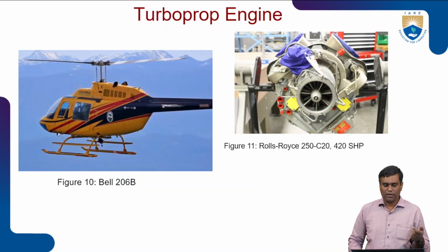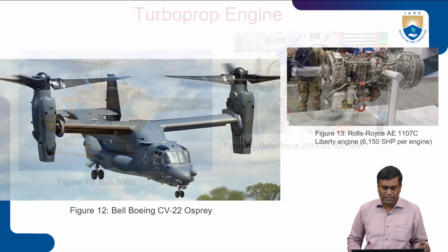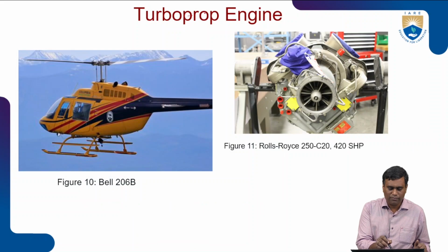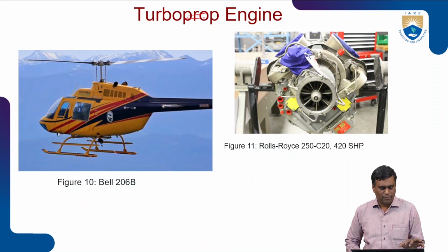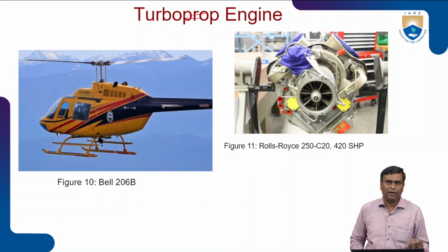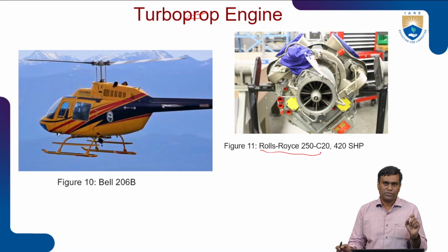Now, a few applications of turboshaft engines. This is the Bell 206B helicopter, which is equipped with a Rolls-Royce 250 C20 turboshaft engine, which generates 420 shaft horsepower.